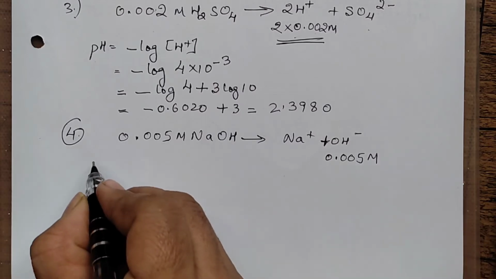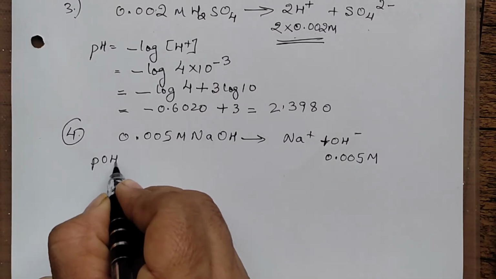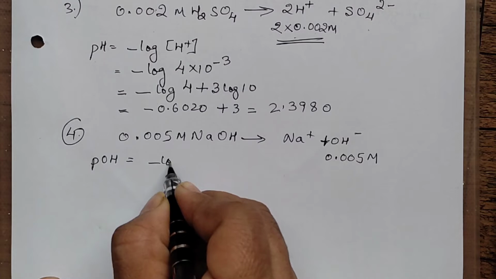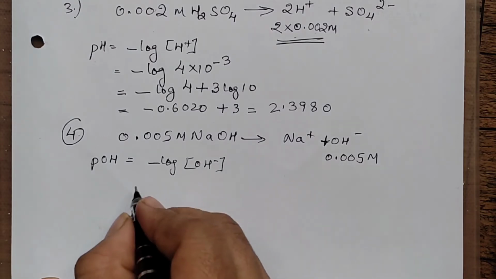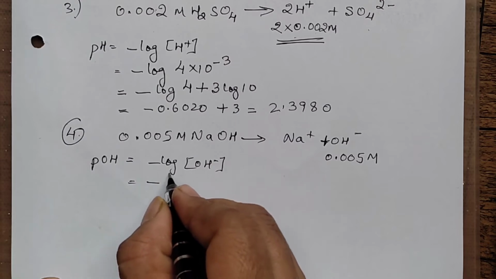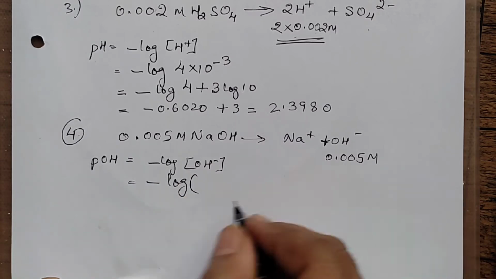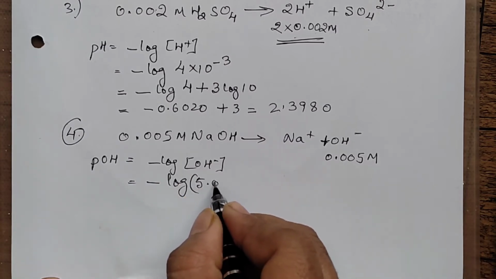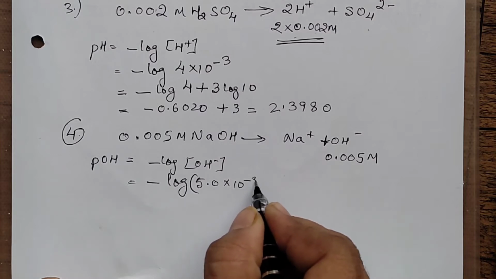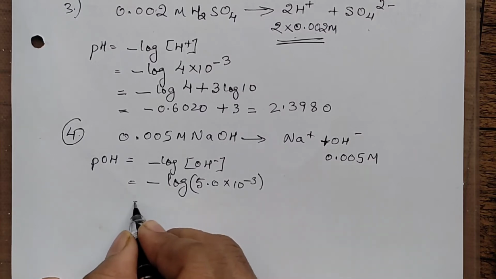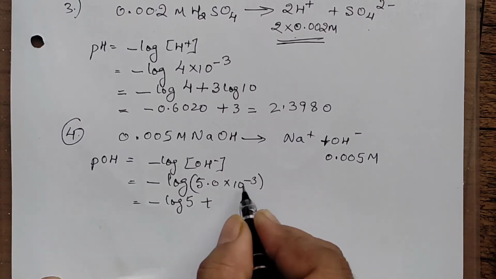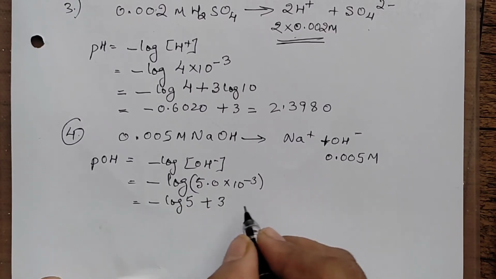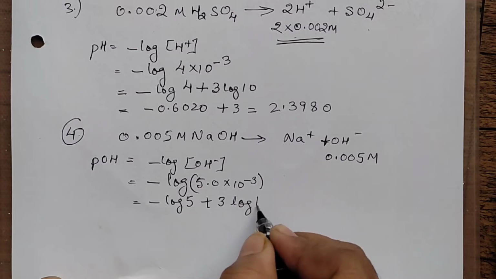So for a base we will calculate pOH. pOH is equal to minus log of OH minus ion concentration. So we'll put the value here, minus log of this as scientific notation 5.0 into 10 to the power minus 3. Right? Open the bracket, minus log 5 plus minus will be 3 plus 3 log 10.